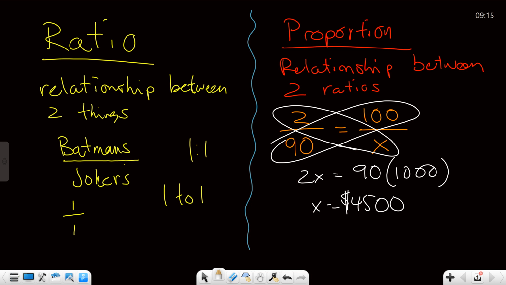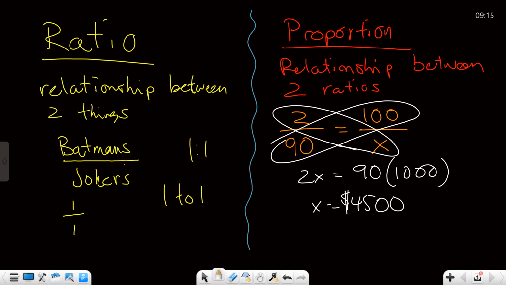Now, I set up that proportion for you. Is that the only way that I could set up the proportion? And the answer is no. I did tickets to cost equals tickets to cost. I could have done tickets to tickets equals cost to cost. When you're setting up proportions, the top numbers have to compare to each other, and the bottom numbers have to compare to each other.